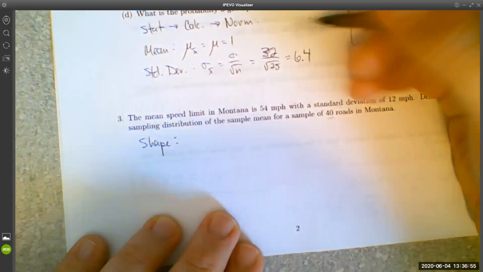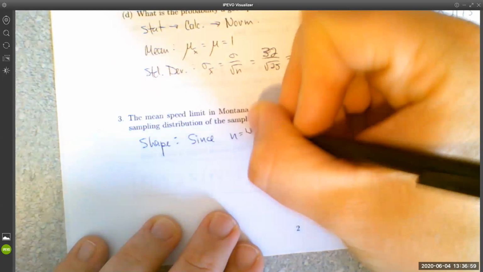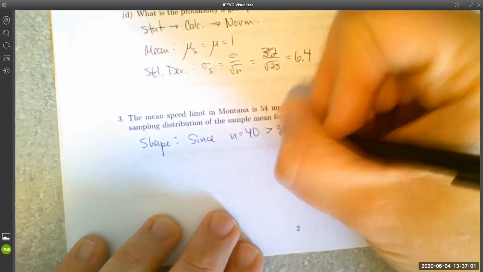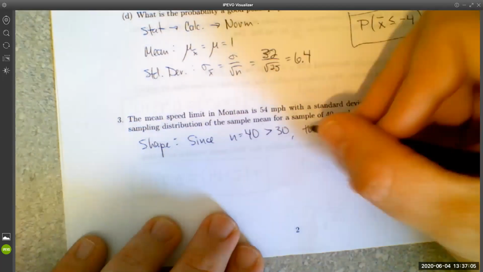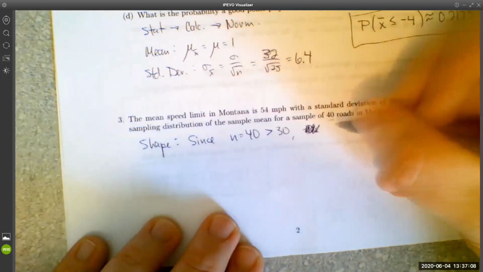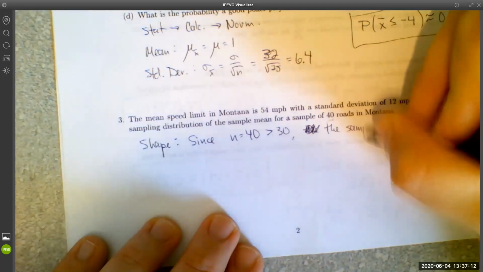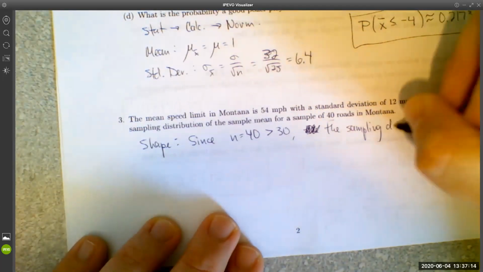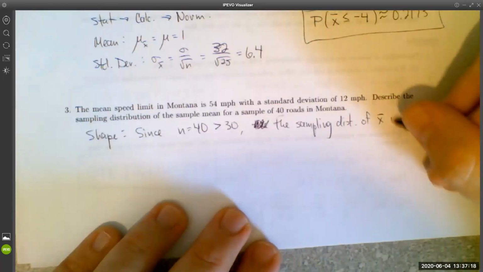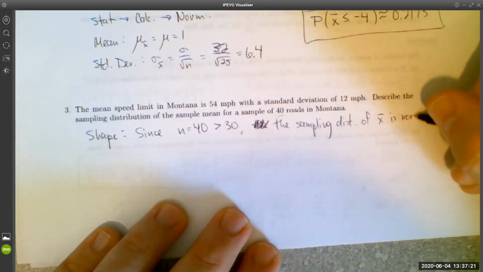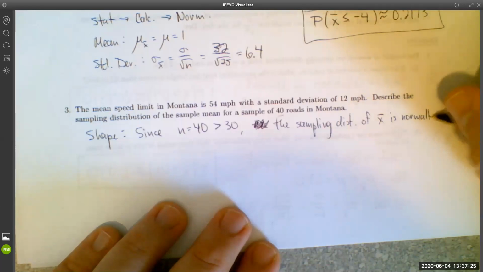So we say something like, since n equals 40 is greater than 30, we'll say the sampling distribution of X bar is normally distributed.